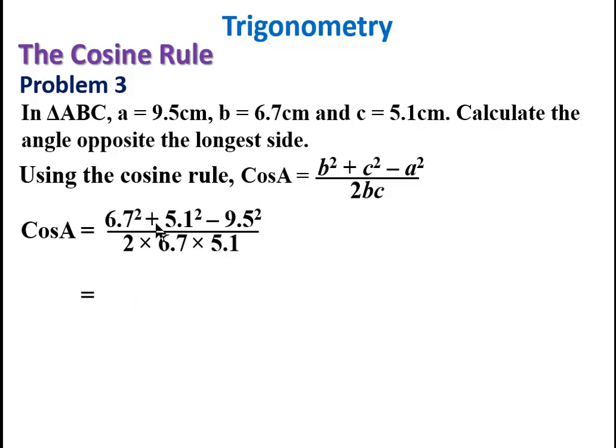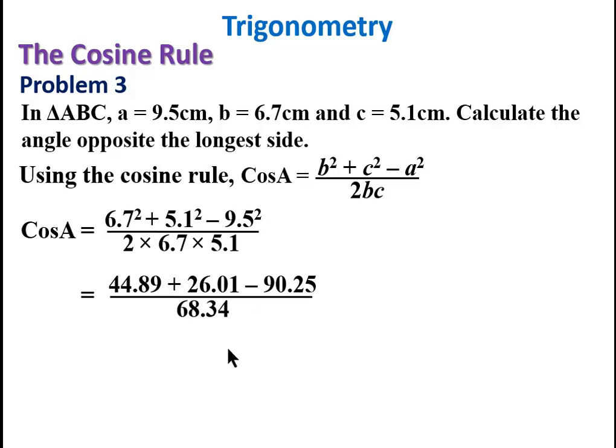So we now find these squares. So it's 44.89 plus 26.01 minus 90.25 divided by, multiplying this out, we have 68.34.